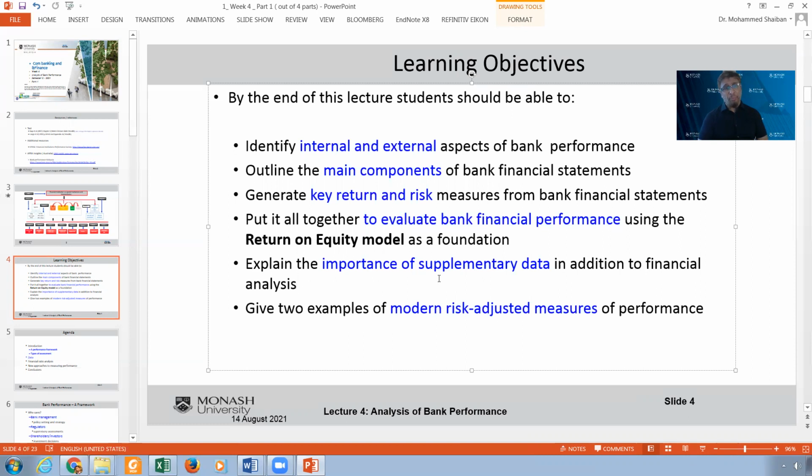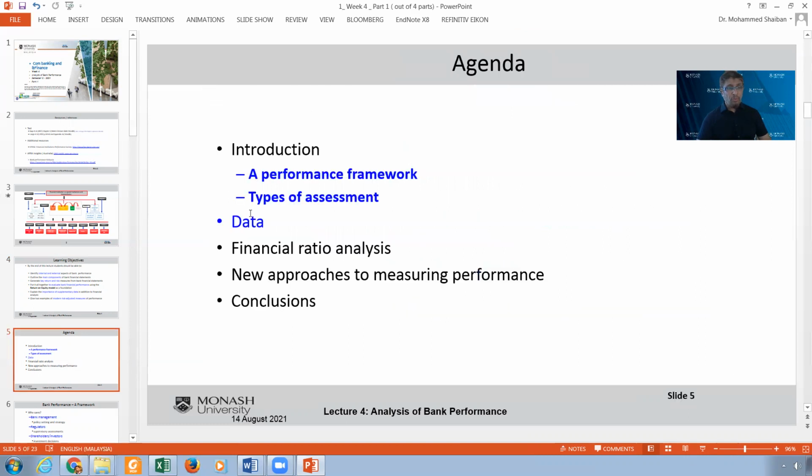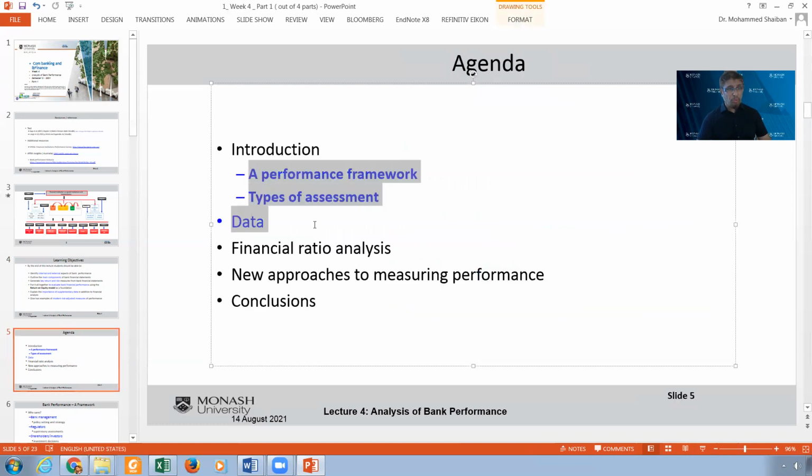That information is very important, especially when we talk about off-balance sheet risk. And then, as I told you, we'll talk about modern risk measures. So this is what we are going to talk about in the first part, and I will talk about this later on.